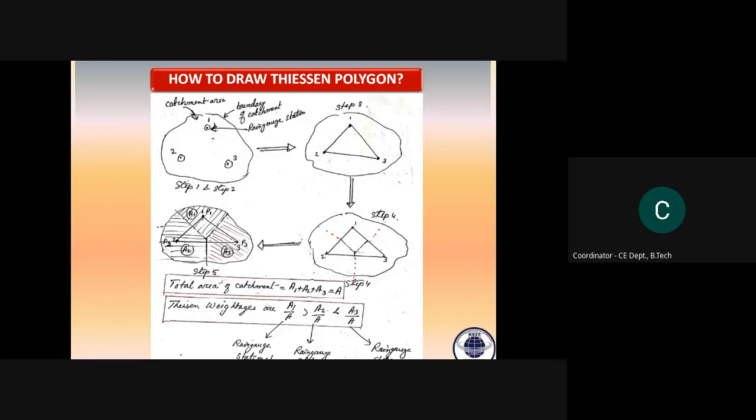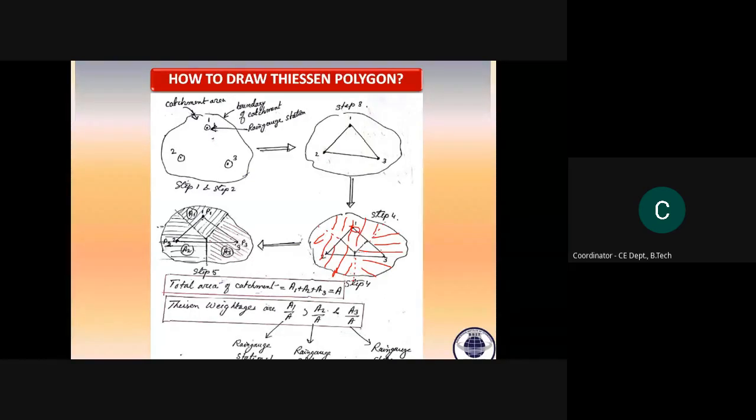So for point 1, this is your area 1. For point 3, this is your area 3. And for point 2, this is your area 2. So we can see A1, A2, A3.